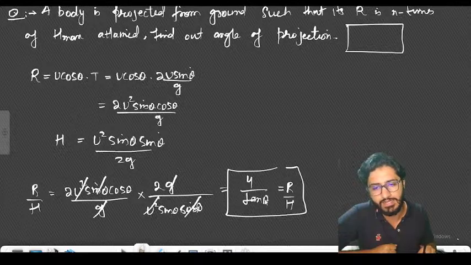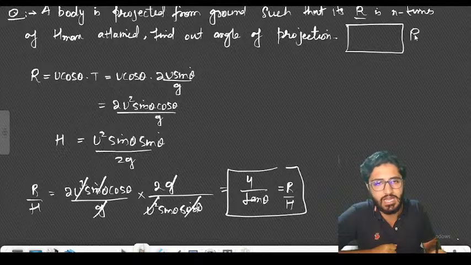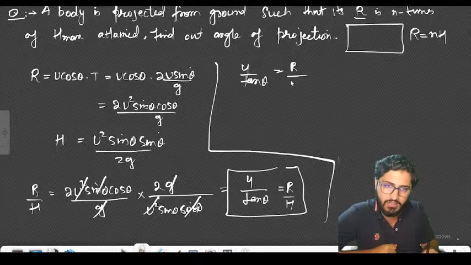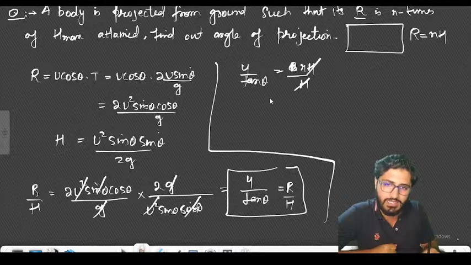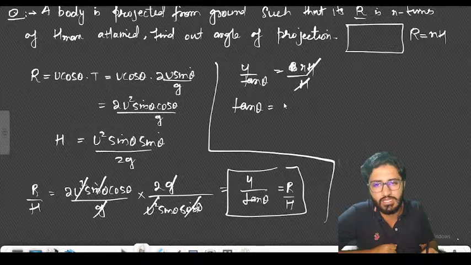So tan theta is 4 by r by h. And what is given to us? R is n times h, so r equals n times h. So 4 divided by tan theta equals r divided by h, or r is nh, right? It is nh, and h cancels out.